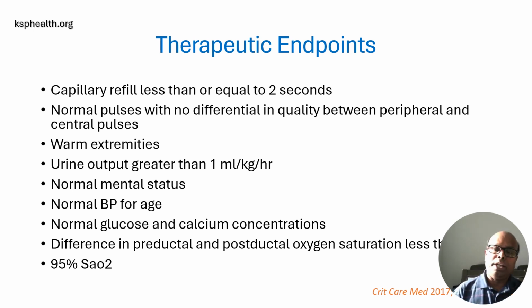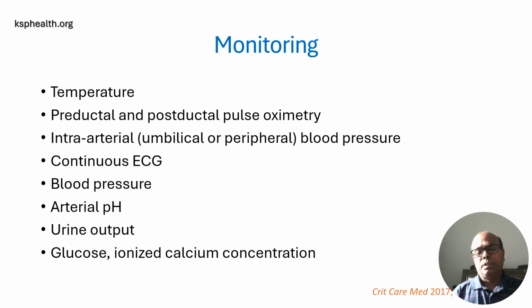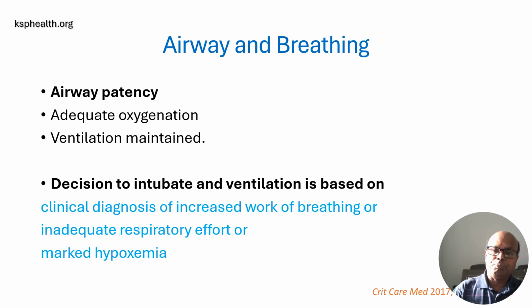These are all our therapeutic endpoints of initial resuscitation in the newborn. So one should monitor temperature, preductal and postductal pulse oximetry, intra-arterial blood pressure, preferably using UAC, continuous EKG, blood pressure, arterial pH, urine output, glucose and ionized calcium concentration.